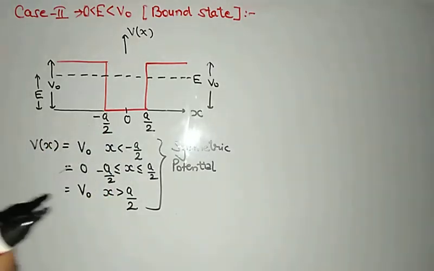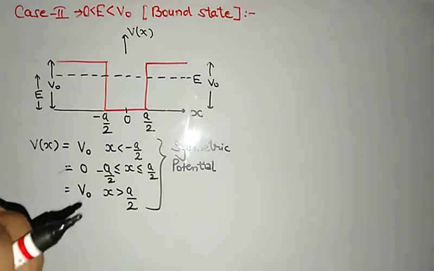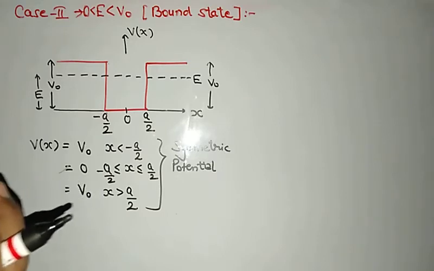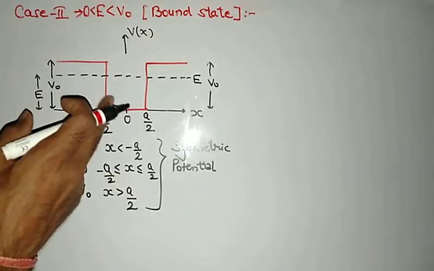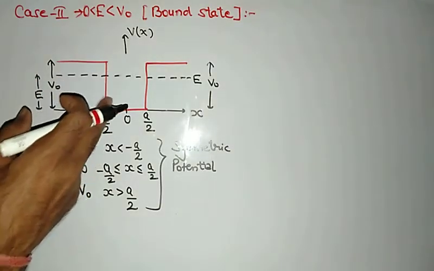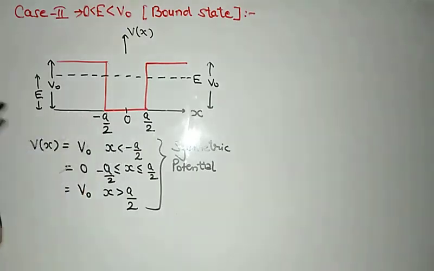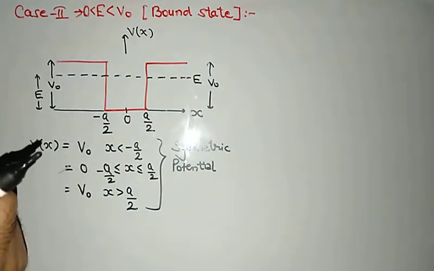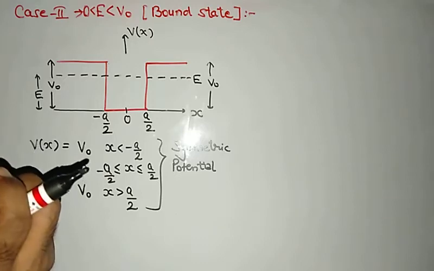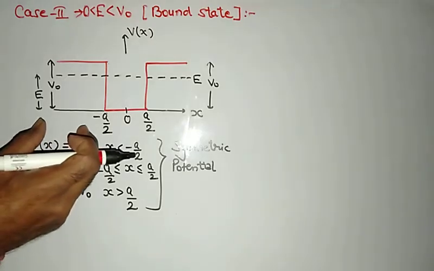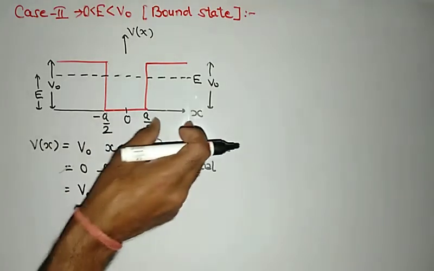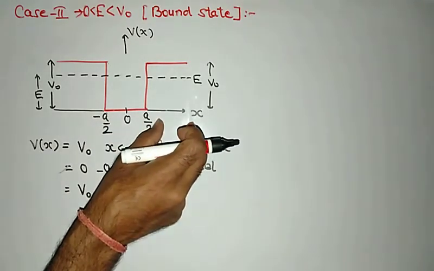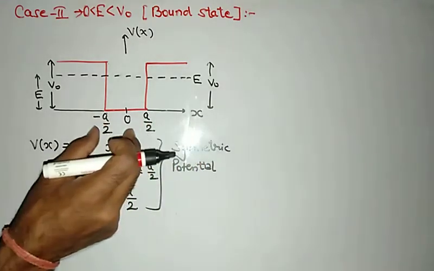Now according to the quantum view, it is expected that we will get a discrete energy spectrum. And one more thing, the wave functions in this region and here decay, but oscillate in this region.